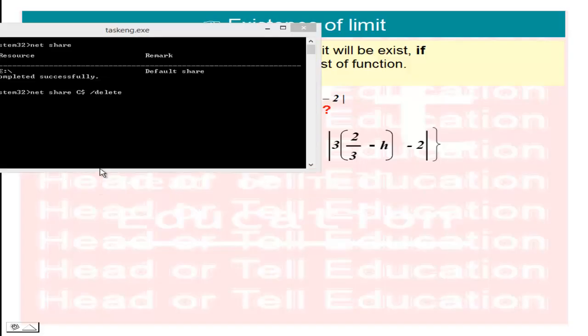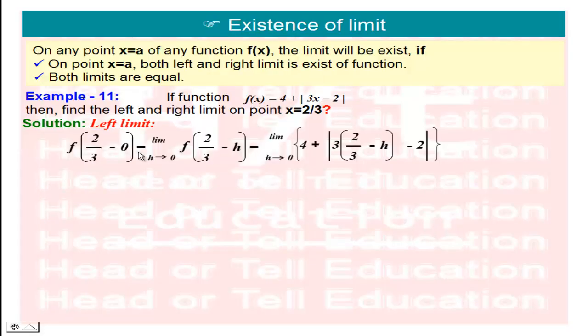f(2/3 minus 0) equals limit h tends to 0 of f(2/3 minus h). So put the value x equals 2/3 minus h, when h tends to 0. So 4 plus modulus of 3 multiplied by (2/3 minus h) minus 2.